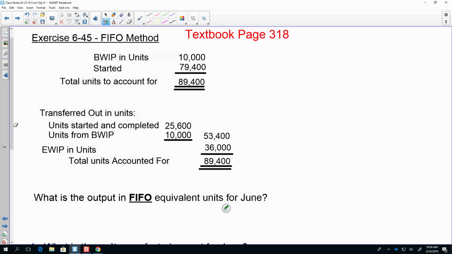So what has stayed the same? Everything in step 1 here is the same as the weighted average. Step 1 is the same. So that physical flow, that whole unit computation is the same whether you use weighted average or FIFO.